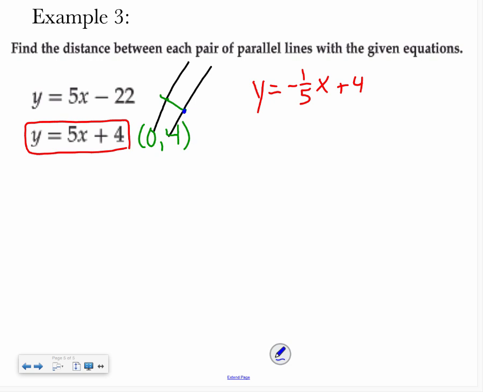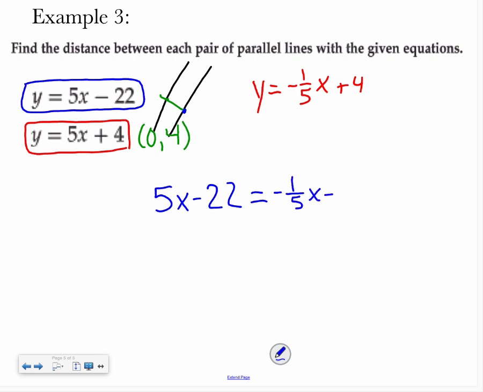Now we need to find where our perpendicular line intersects the other line. So if we take the first equation, y equals 5x minus 22, we say 5x minus 22 equals negative 1/5 x plus 4. That will tell us where these two lines intersect.